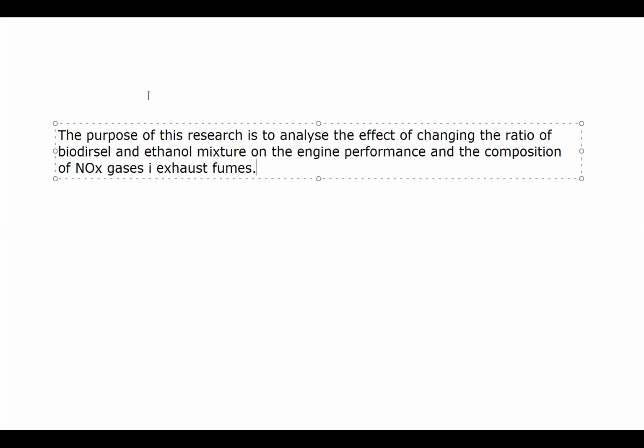Now, definitely before this problem statement, I should have some kind of background. So what should the background have in it? It should have that diesel engines, let's say, have been in use for maybe the last 150 years.